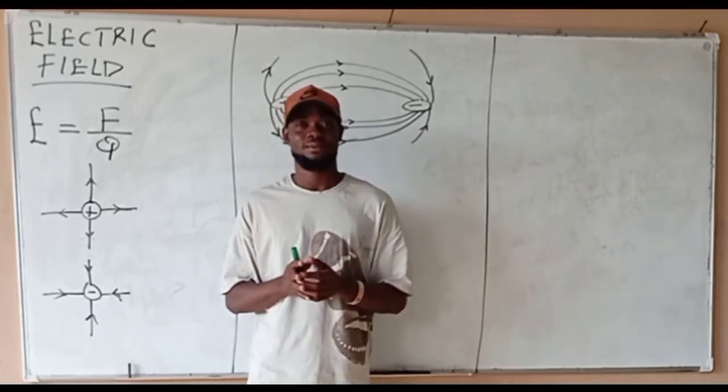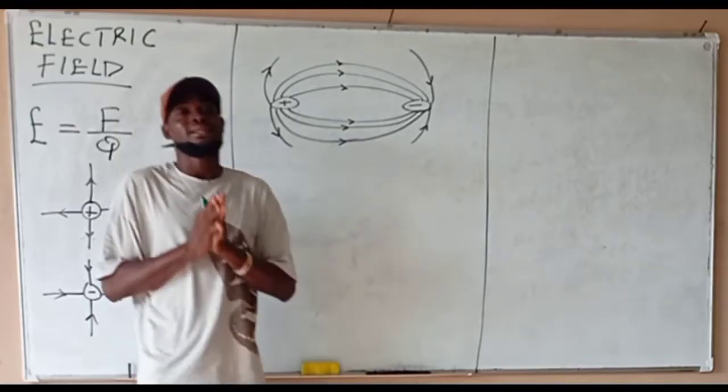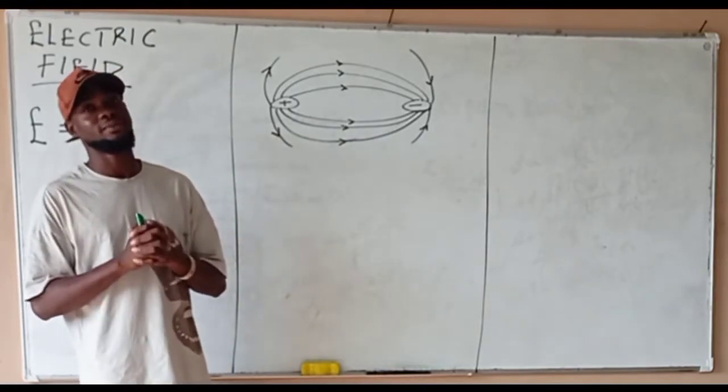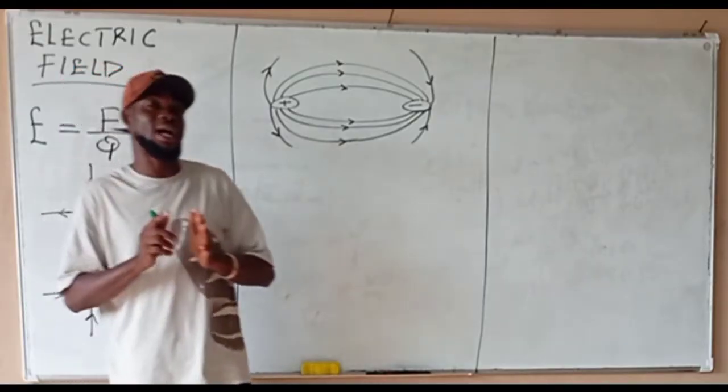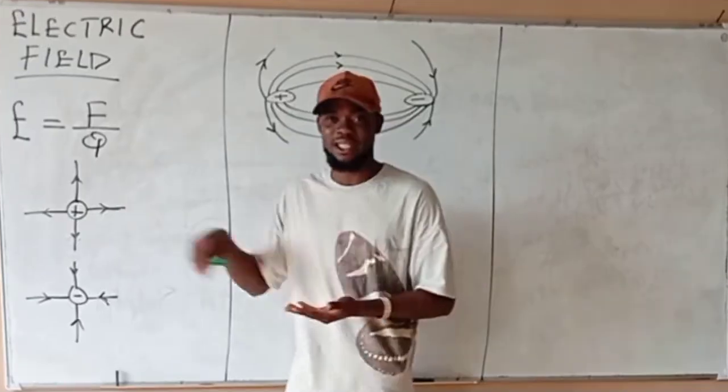Remember we said in our last class that electrically charged bodies are bodies that can exert electric forces on the surroundings, and we have two forms of charge. A charged body can either be positively charged or negatively charged.